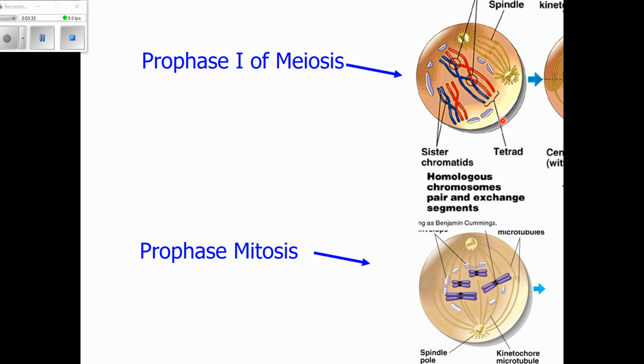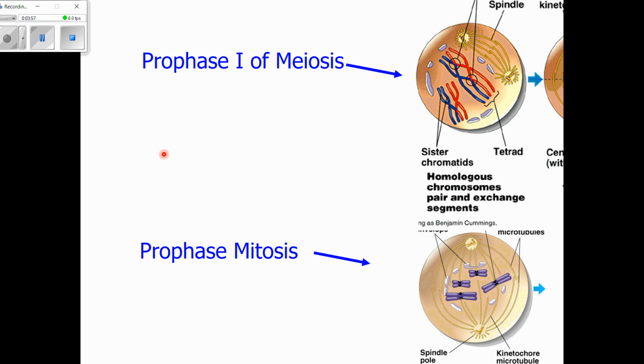So this would be either a primary spermatocyte in male animals or a primary oocyte in female animals. And notice what I've done here. I'm making it so that we can compare prophase of mitosis with prophase 1 of meiosis.